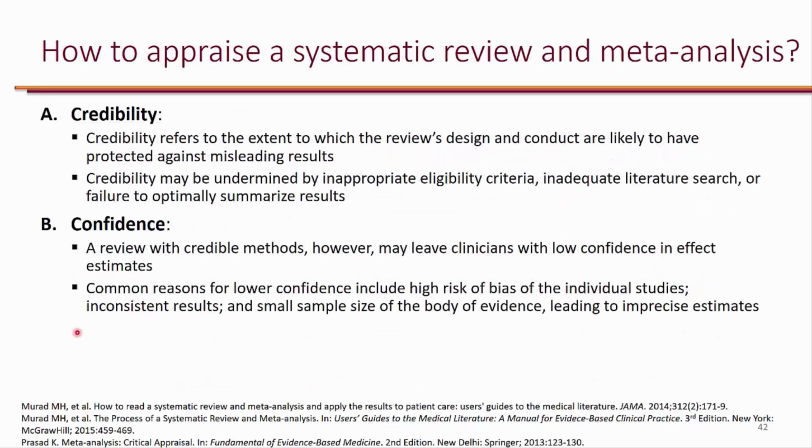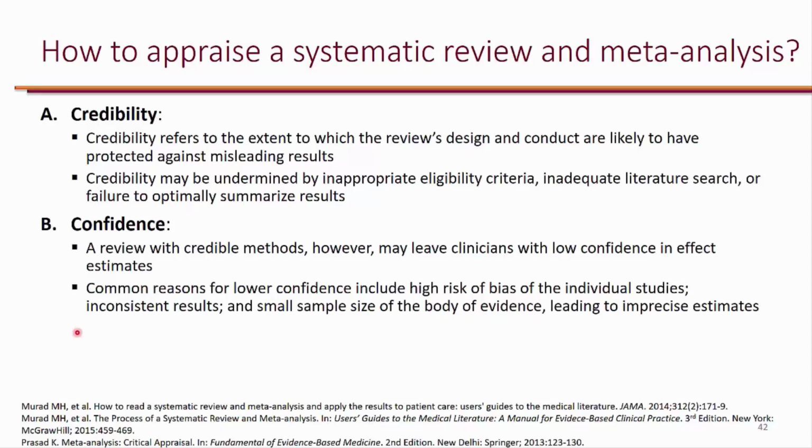Now, how to appraise a systematic review and meta-analysis. So there are 2 things to consider. One is the credibility and the other is the confidence. So credibility refers to the extent to which the review's design and conduct are likely to have protected against misleading results. Credibility may be undermined by inappropriate eligibility criteria, inadequate literature search, or failure to optimally summarize results.